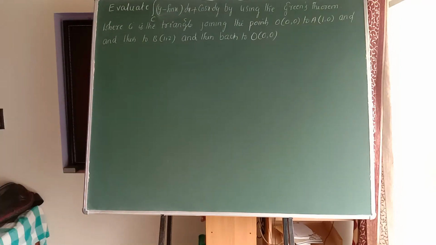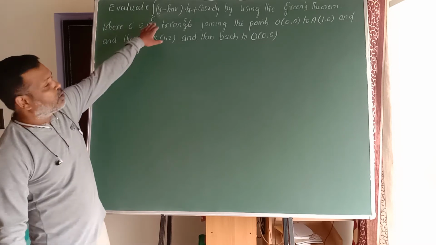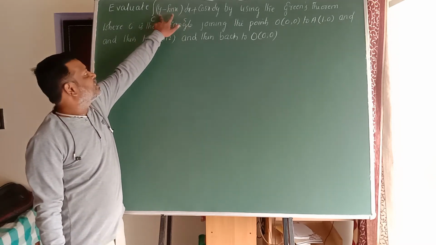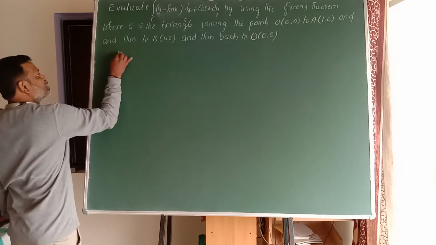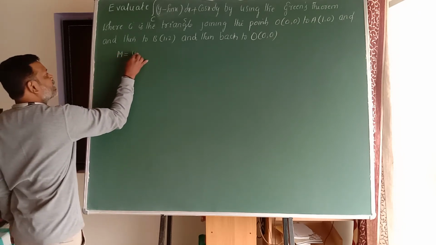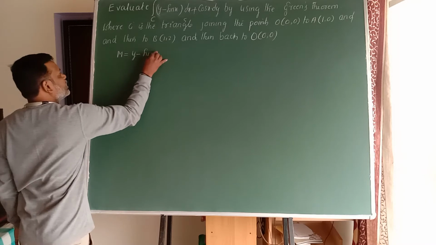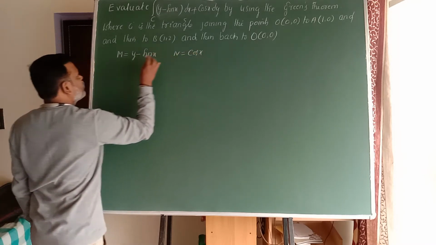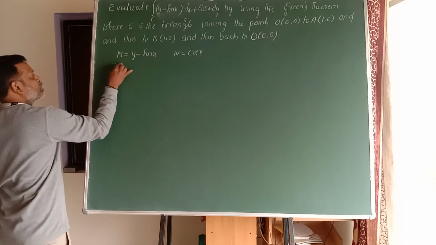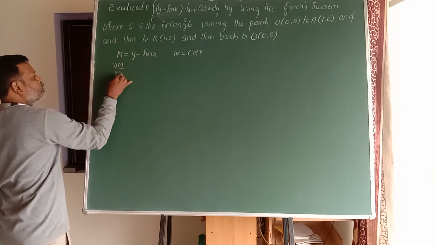First let us write down the consequences here. We have to evaluate this, which is in the form of m dx plus n dy. Let us take m. What is m here? Y minus sin x. And n is what here? N is cos x. Now we have to find the partial derivative dou m divided by dou y.